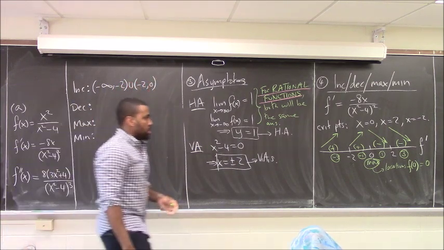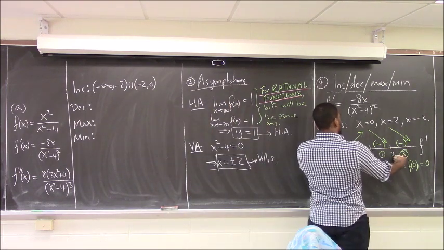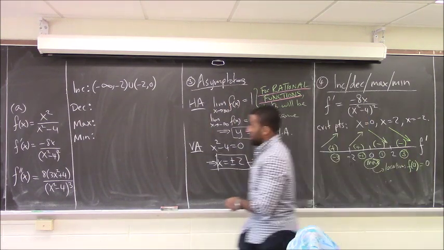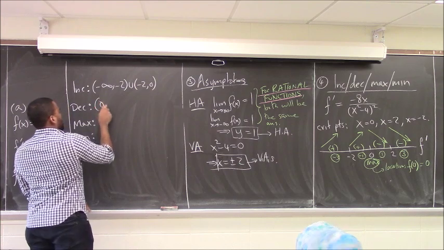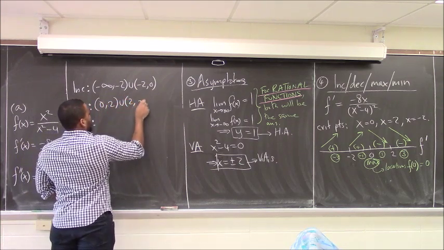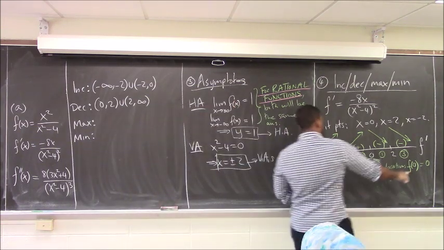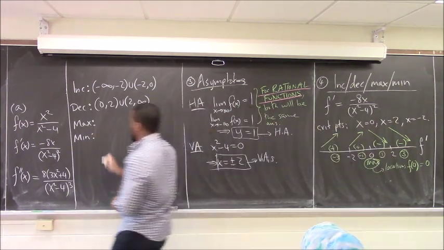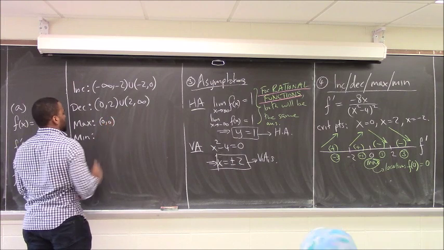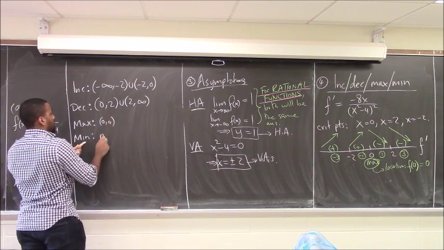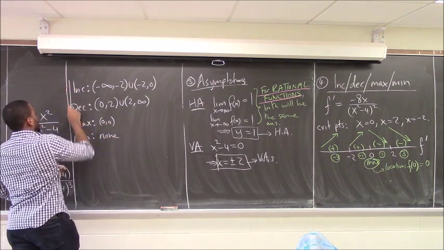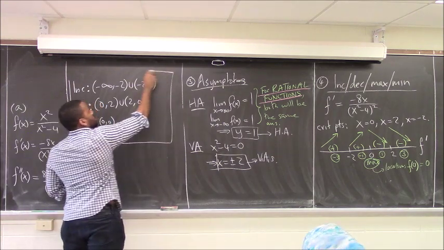We are decreasing on 0 to 2 and 2 to infinity. We have a maximum located at the origin, 0, 0. Minimum, we have none. So that is the answer to that section of the question.